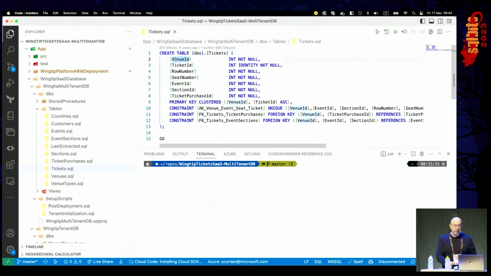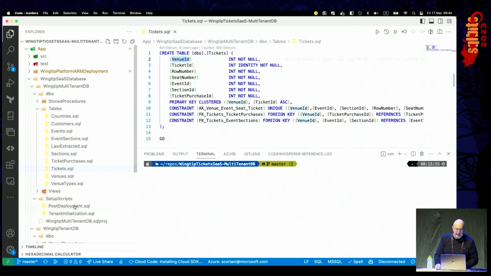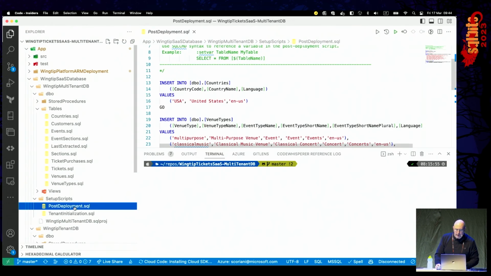And as Denzil was saying, we can actually take advantage of, let me see if I can find that.